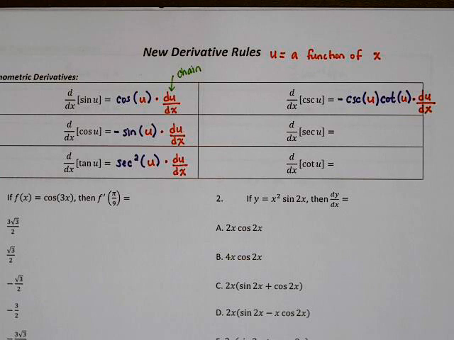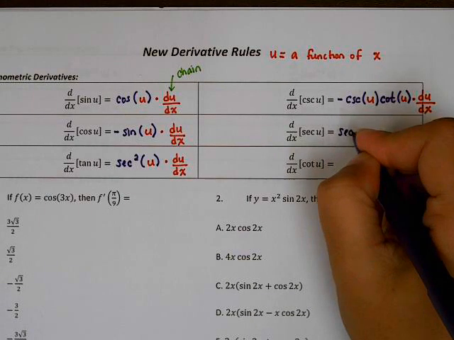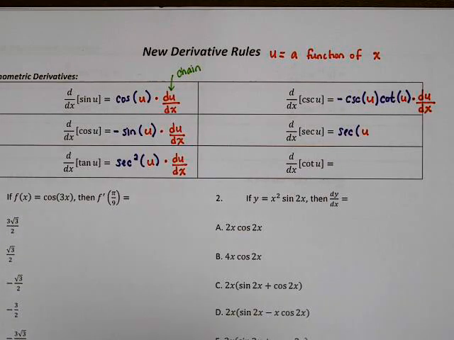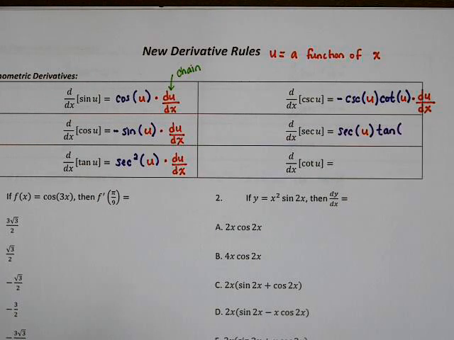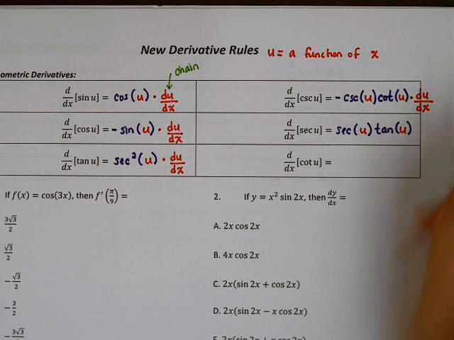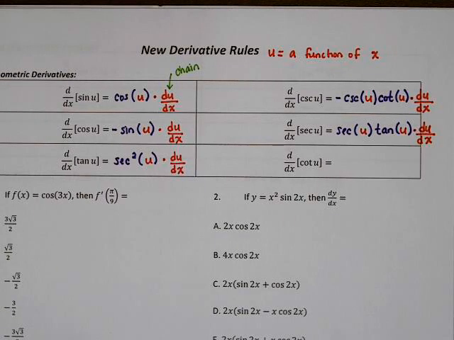The derivative of secant would be secant of whatever was inside there times tangent of whatever was inside there times the derivative of what's inside, so the chain.